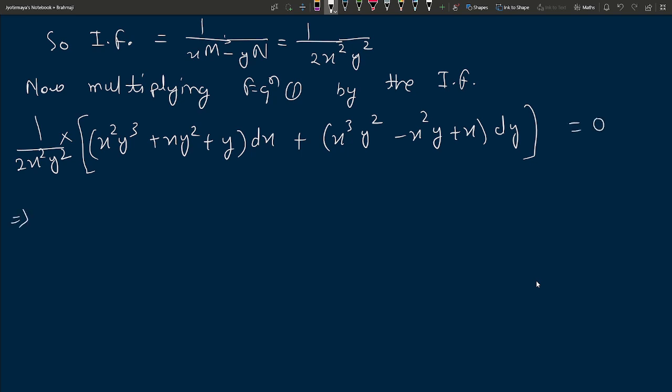Multiplying by 1 by 2x square y square means you have to divide each and every term by 2x square y square.